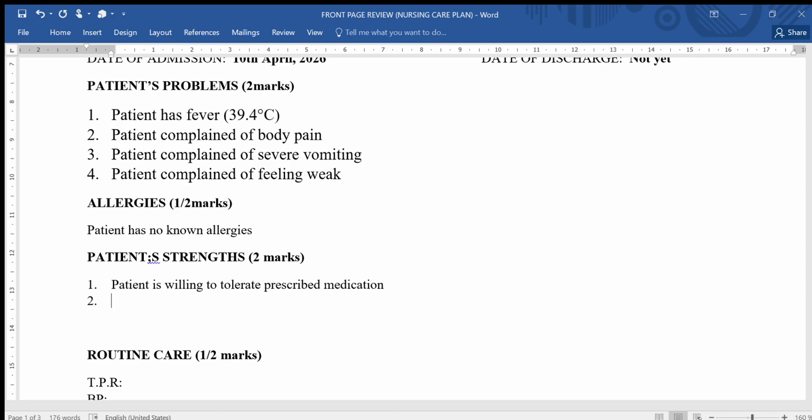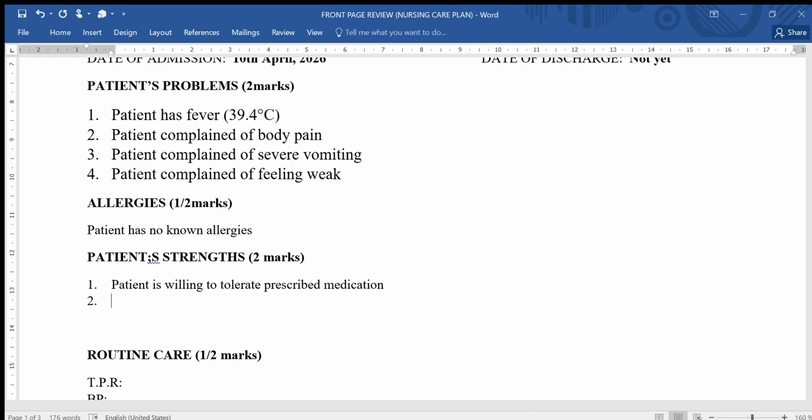So look at problem number 2. Problem 2 says patient complain of body pain. So what should be the strength? If the patient is even able to verbalize the pain, that's a strength. If the patient could also locate the pain and then tell you the severity or the intensity of the pain, that could also be a strength.